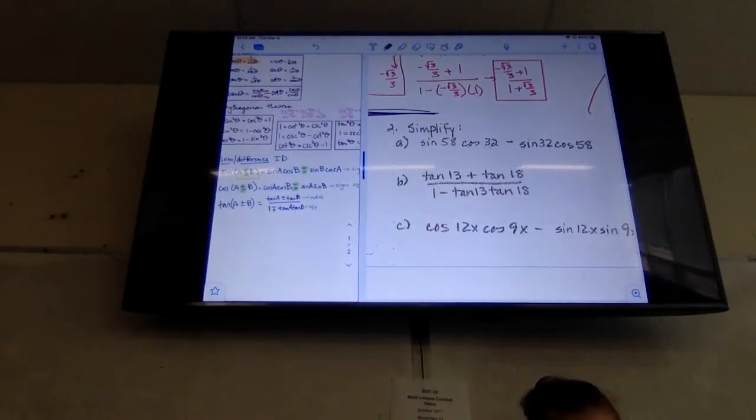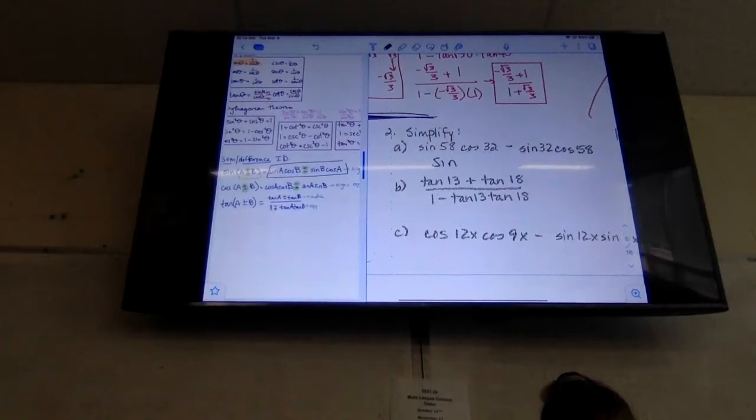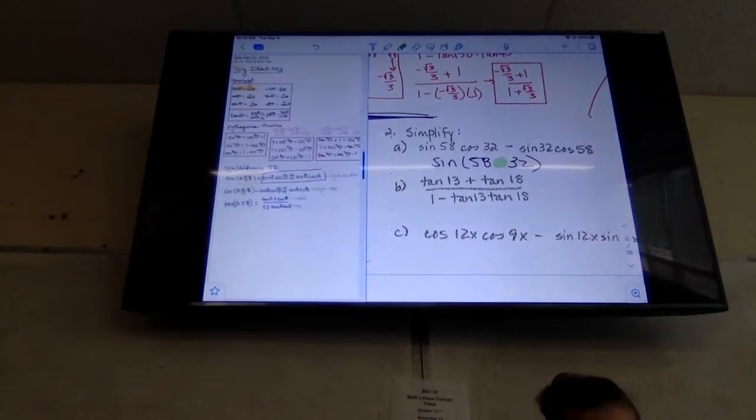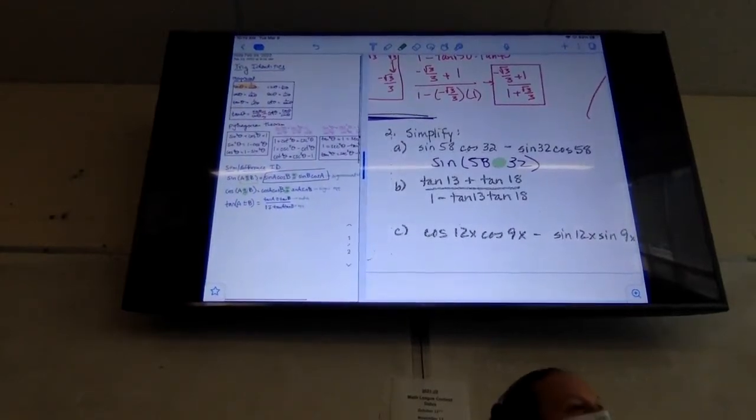It's my sine of alpha times cosine of beta, etc. That means I'm going to do sine. The other thing that matters is I have 58 and 32, but I care about what operation goes in between those two. Remember in sine, I told you that the signs match. So the plus, the negative, whatever's in the formula matches.